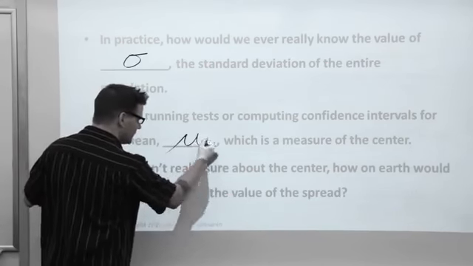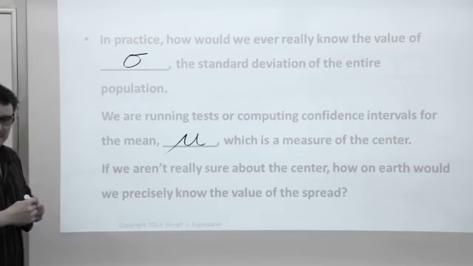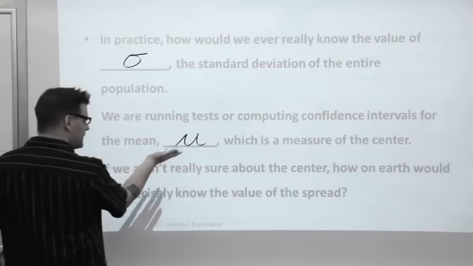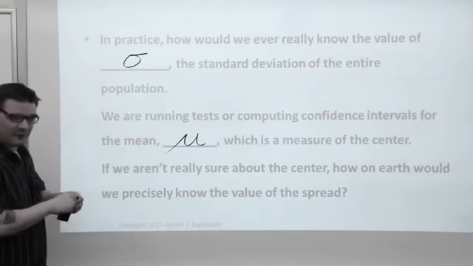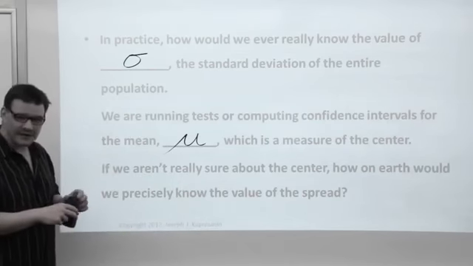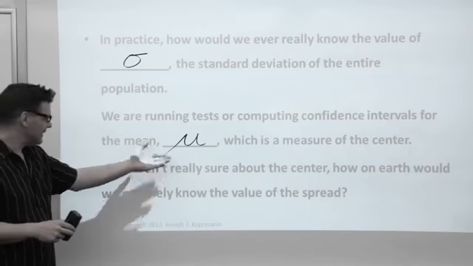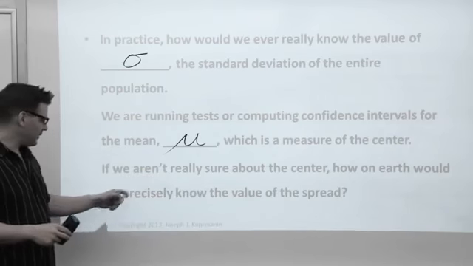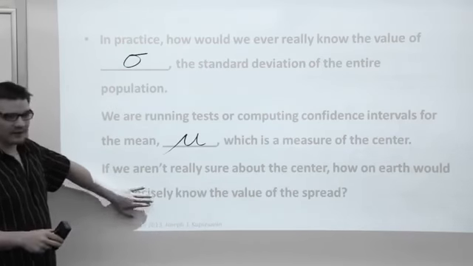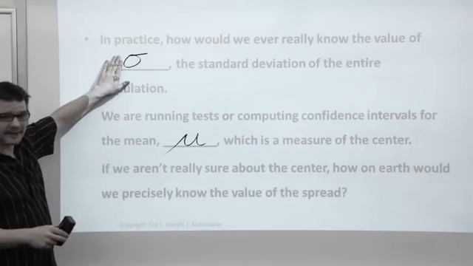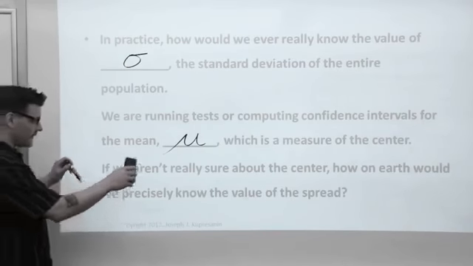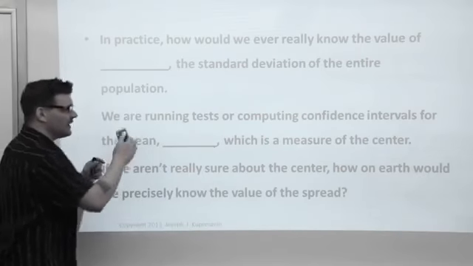That's mu. We don't even know the mean. That's what we're running a test or computing a confidence interval for. If we're not really sure about the center, how on earth would we precisely ever know the value of the spread? So we have a workaround, but with the workaround comes its own set of problems. We can handle it though.